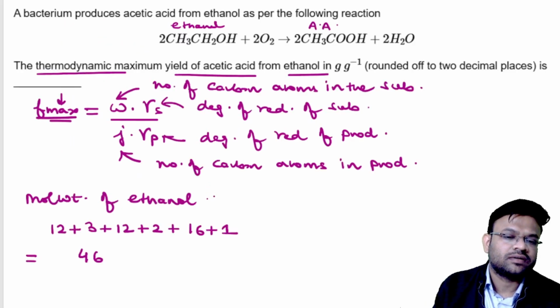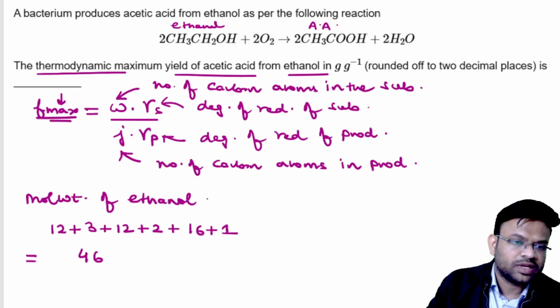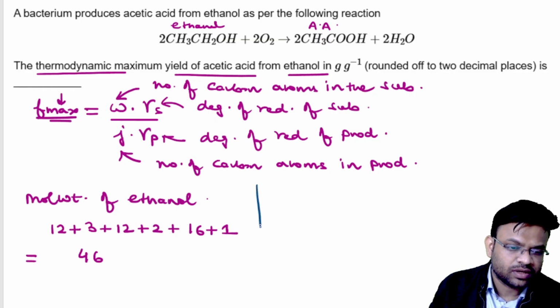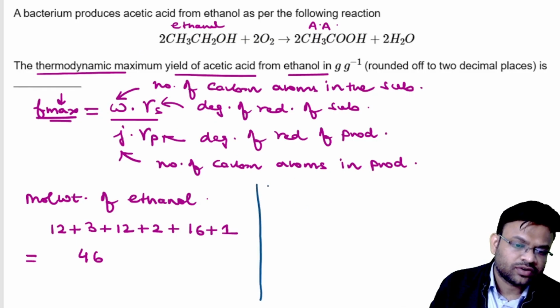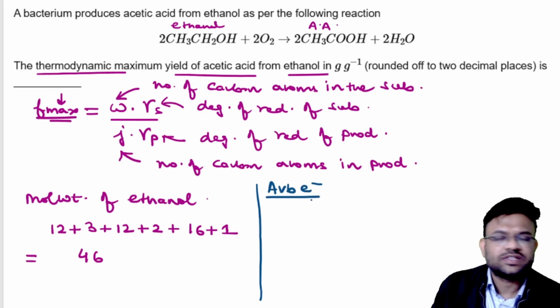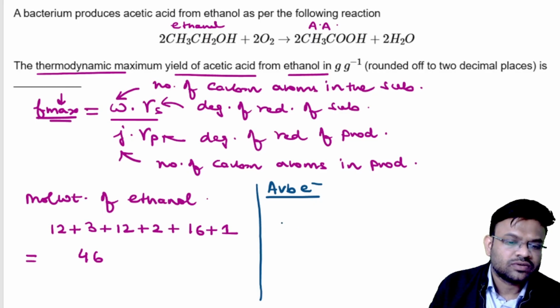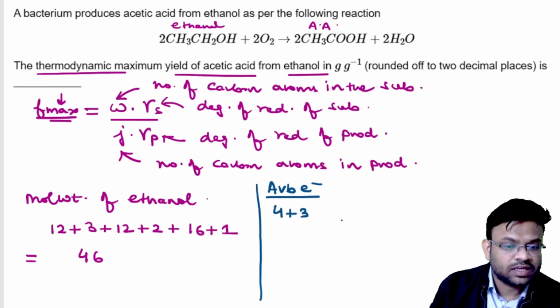If I calculate the available electrons, let me just quickly calculate it over here. I just have to calculate the valency. So carbon is having 4. So let me just write it down: 4 plus 3 plus 4 plus 2 minus 2 plus 1.